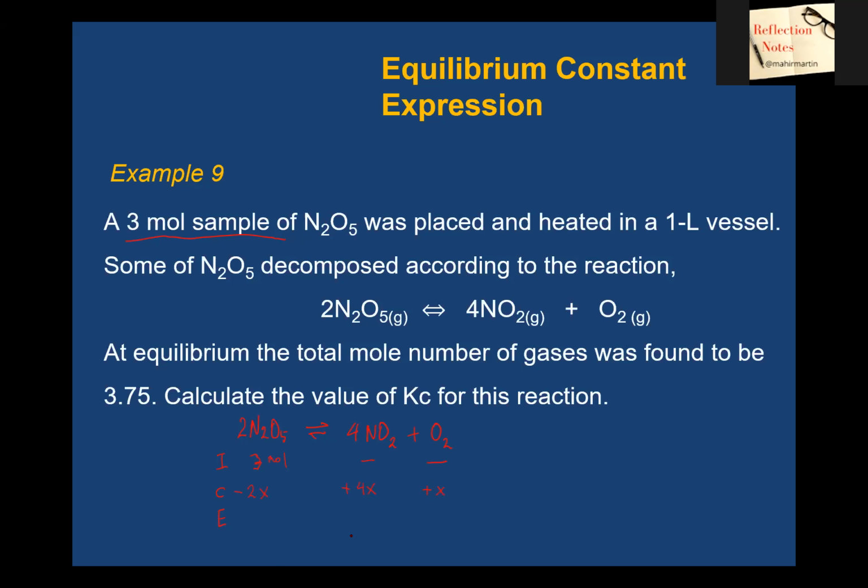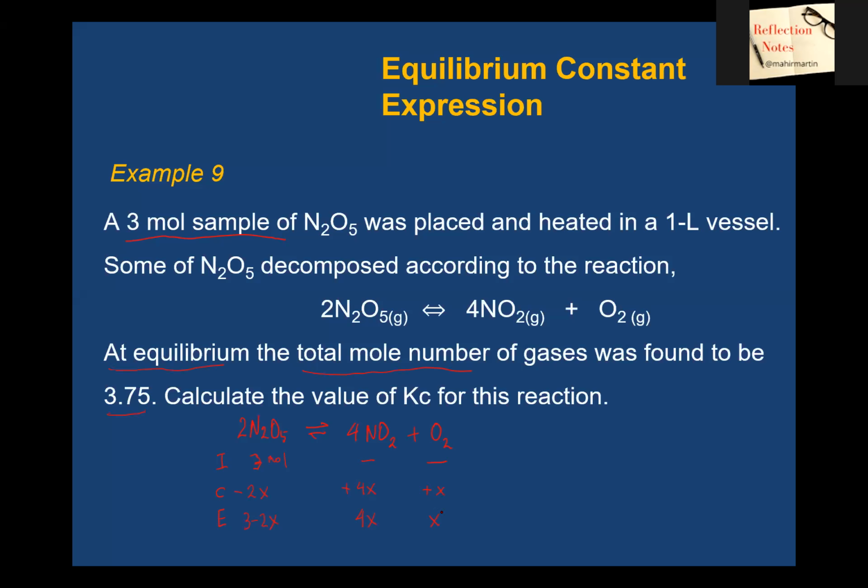Now we have this kind of table. Let's find the equilibrium by summing this one. So it is 3 minus 2x for the N2O5. This is 4x here, and this is x here. Now we're going to find the x. How are we going to find the x? Given in the question, the total mole number of gases was found to be 3.75 at equilibrium.